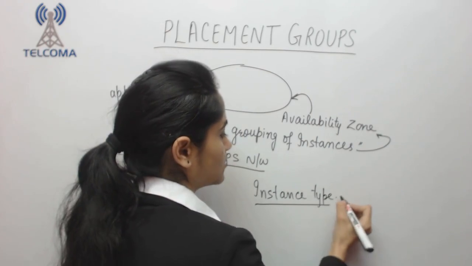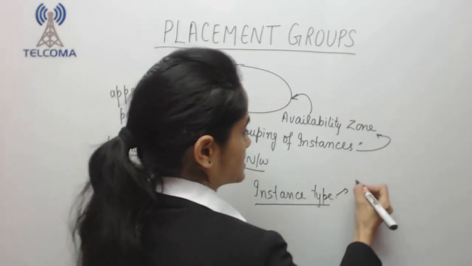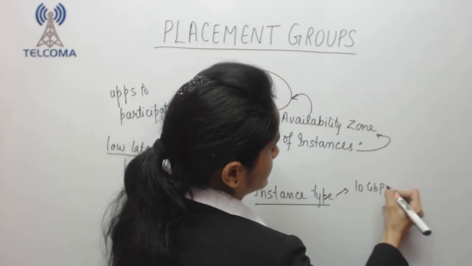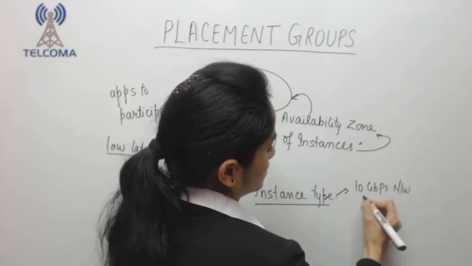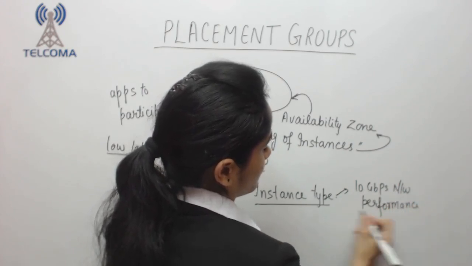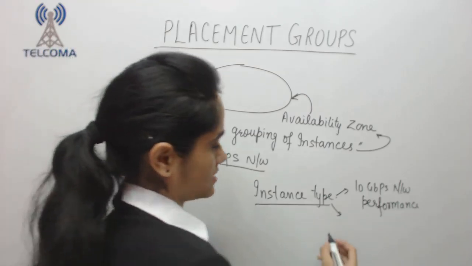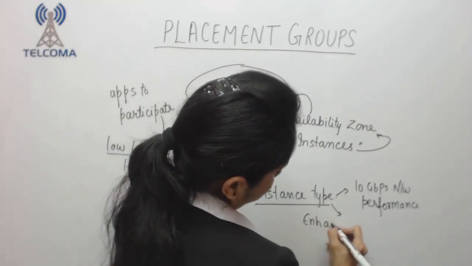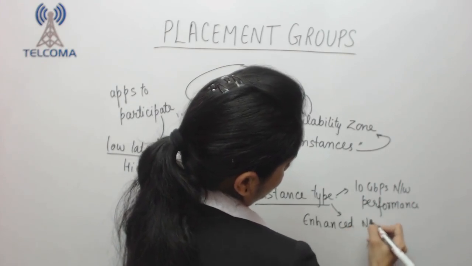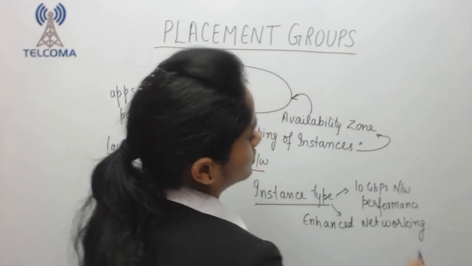So the instance types must support two things: first, 10 gigabit per second network performance, and second, enhanced networking. These are the two things that a network should support.